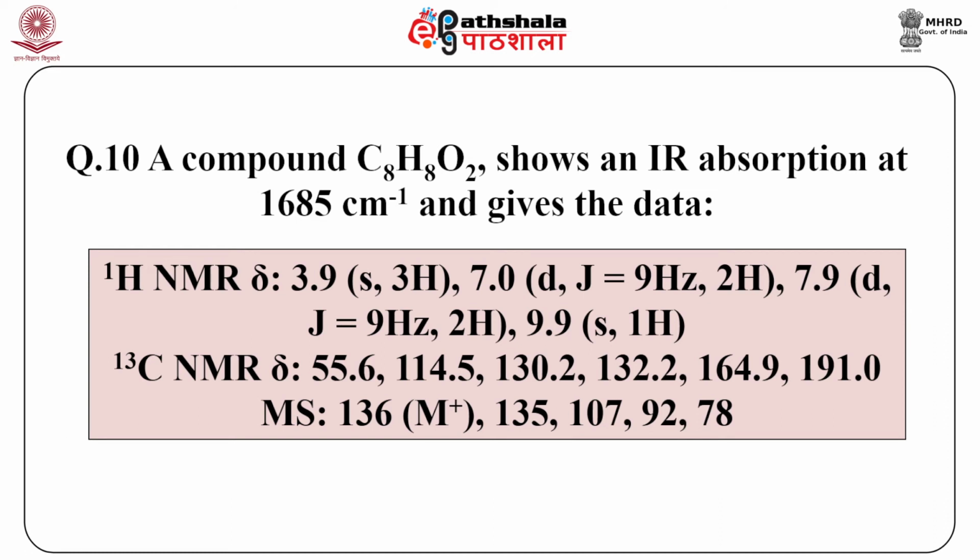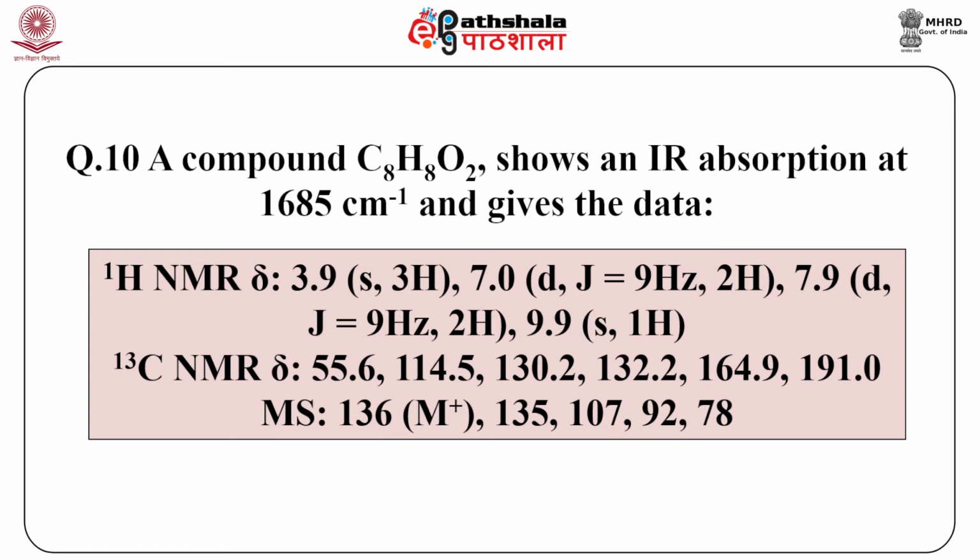A compound C8H8O2 shows an IR absorption at 1685 cm inverse, and the data is provided to us. 1H NMR: 3.9 singlet for 3 protons, 7.0 doublet with J equal to 9 Hz for 2 protons, 7.9 doublet with J equal to 9 Hz for 2 protons, and 9.9 singlet for 1 proton. 13C NMR shows peaks at 55.6, 114.5, 130.2, 132.2, 164.9 and 191.0 ppm.